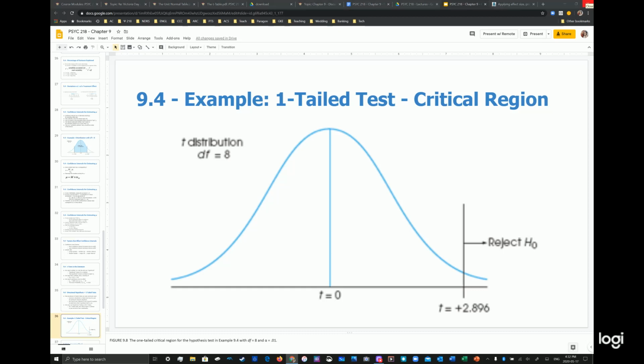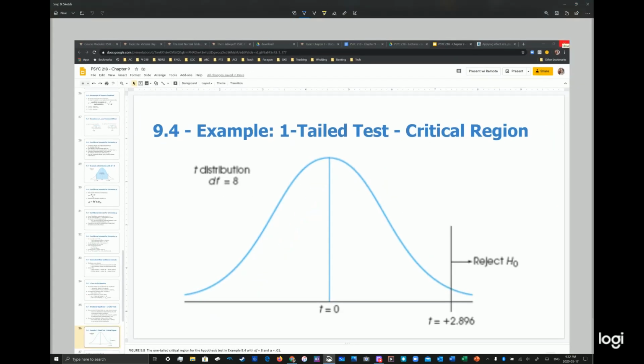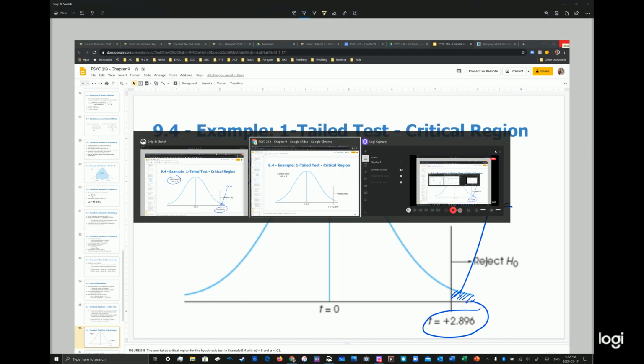So here would be an example of this, and this is a good practice for us. We got a degrees of freedom that is 8 here, and the critical value here is plus 2.896. And this is a one-tailed test, so alpha is not split in half. So let's figure out what alpha is equal to here at 2.896 positive.